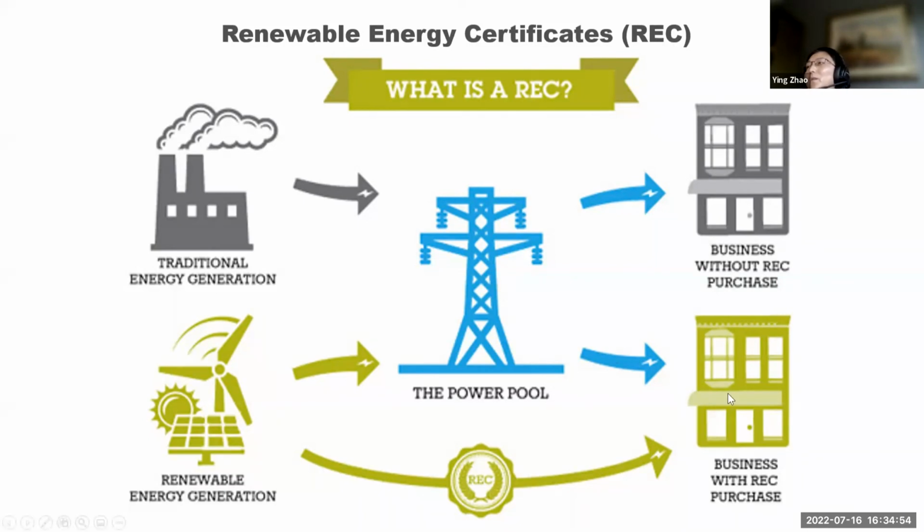For example, your company can claim 100% renewable from the power grid. Then you just purchase renewable energy certificates to offset 100% of your annual energy use. So that's one way to do that.